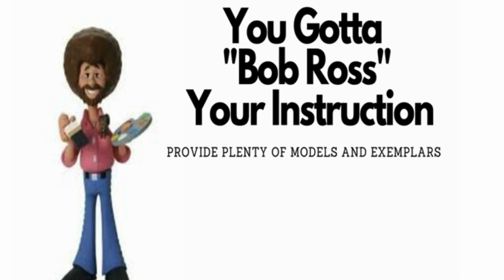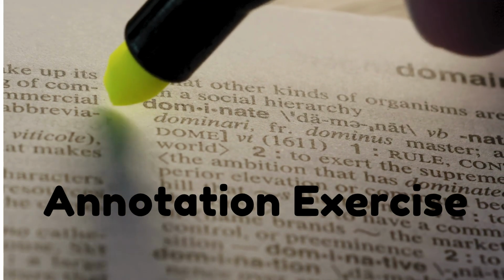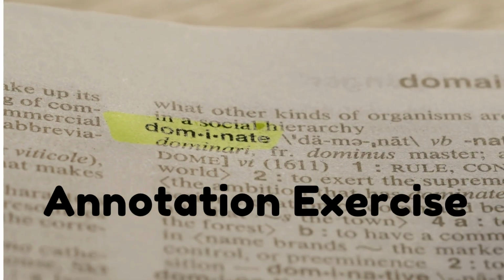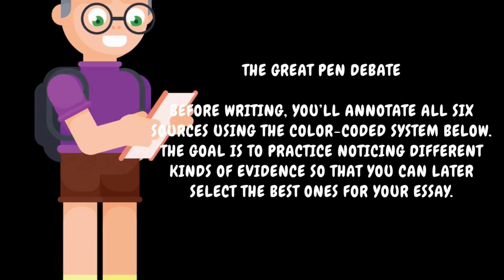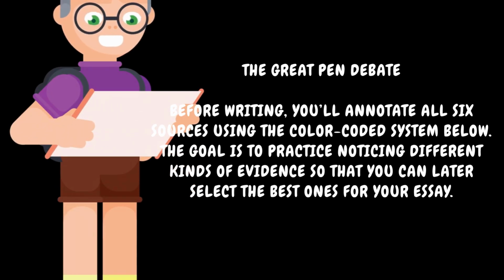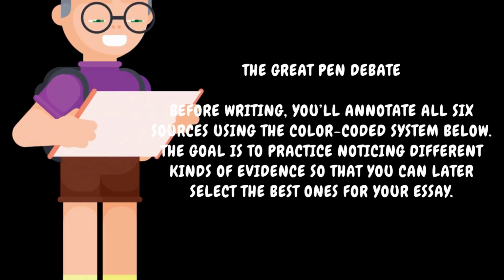As a preliminary exercise, I want to go over annotation in the beginning of the year. So here's what I got us doing here. It says, before writing, you'll annotate all 6 sources using the color-coded system below. The goal is to practice noticing different kinds of evidence so that you can later select the best ones for your essay.